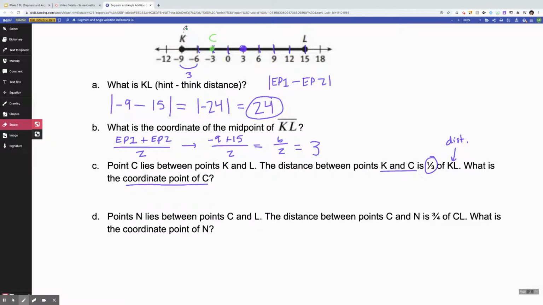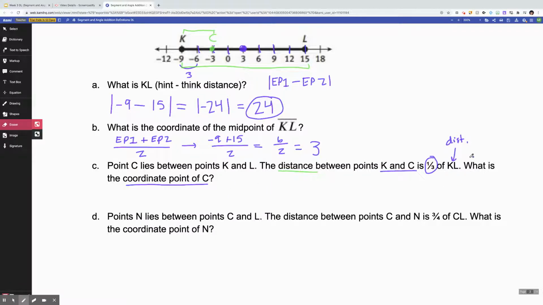We want this distance, right, between K and C to be 1/3 of the whole distance here. So we have to figure out where to put C to make this distance between K and C 1/3 of the whole thing. So I think the first step would be to figure out, okay, well, what is that distance, right? What is the distance between K and C, right?